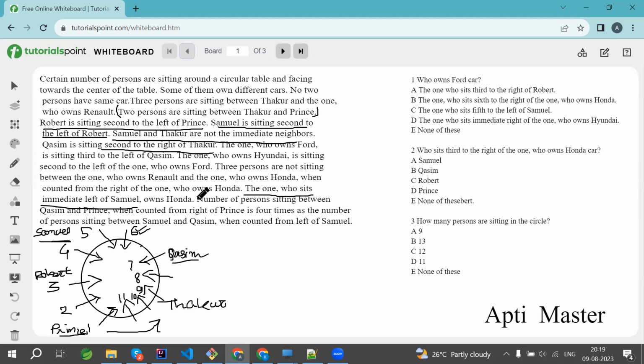Now we know Qasim, Robert, Prince, Thakur, right? The one who owns Ford is sitting third to the left of Qasim. Check.